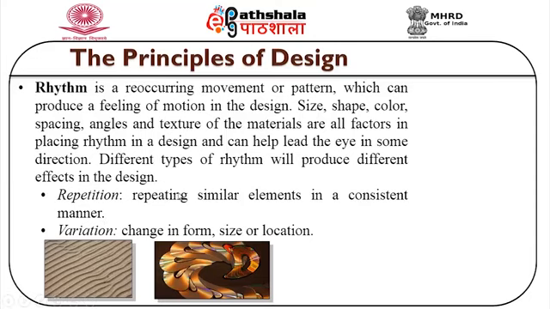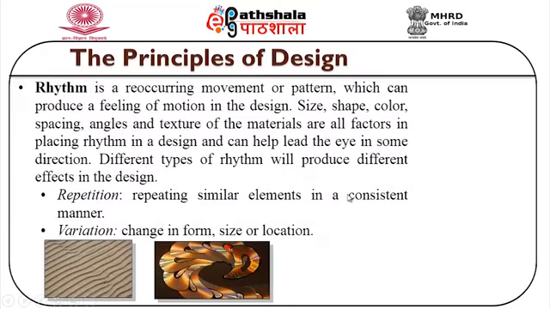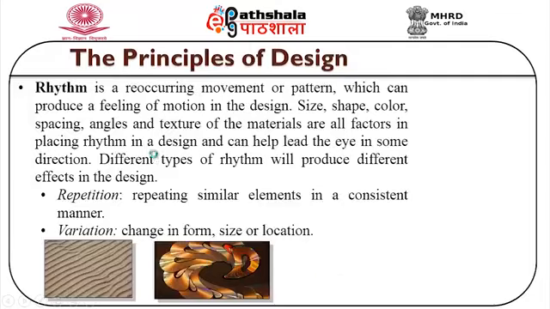There can be various types of effects produced using rhythm. It can be repetition, that is repeating similar elements in a consistent manner, or it can be variation, which is change in form, size or location. These are examples of rhythms which try to convey a feeling of motion in the design.